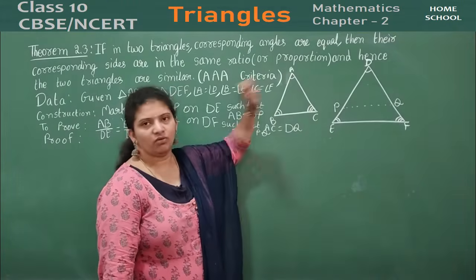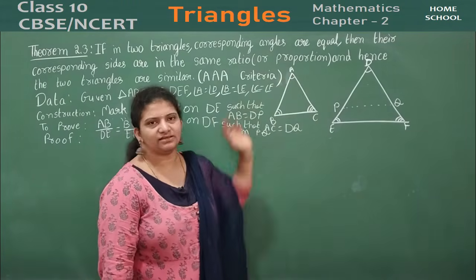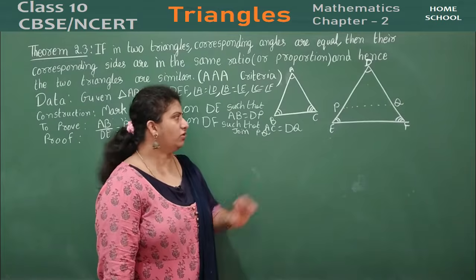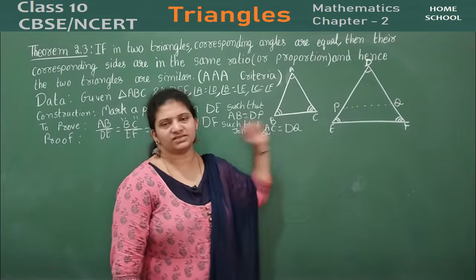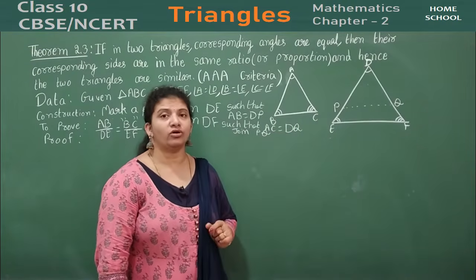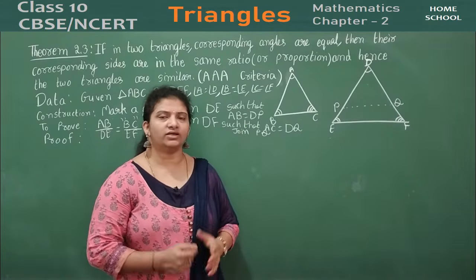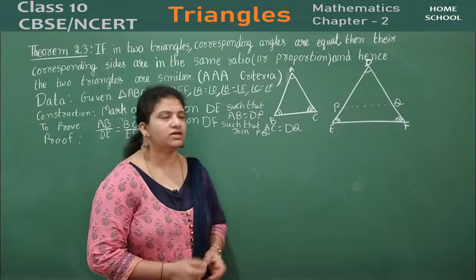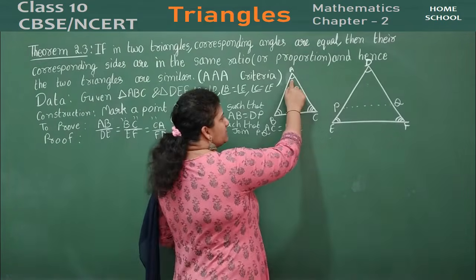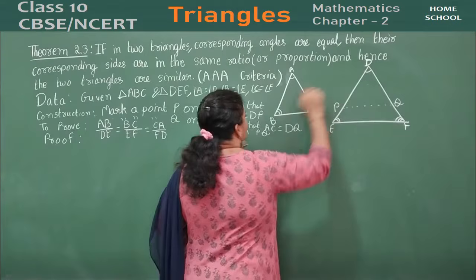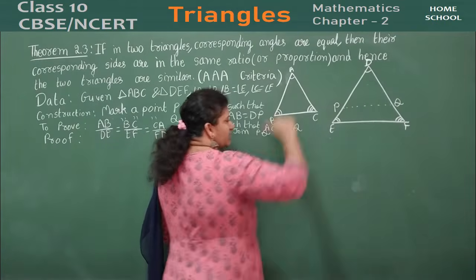So now, what we know, children, angles are equal. So we have taken such that this is same. We are going to prove congruency here. Do you remember the postulates you have learned in your previous classes? So this angle is same, this angle same, and this side is same. How?